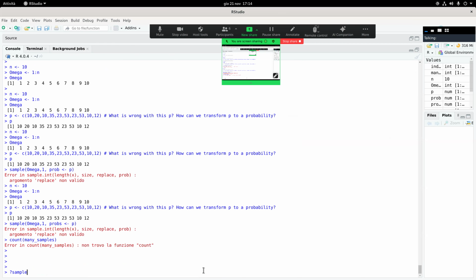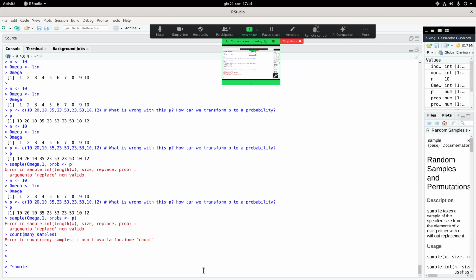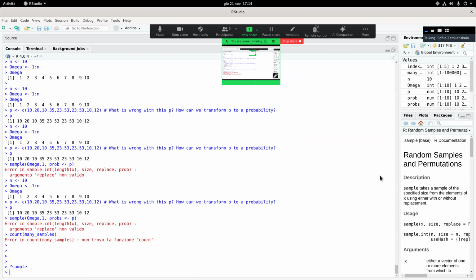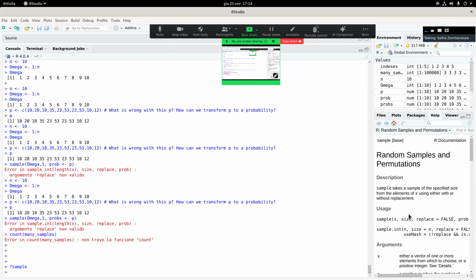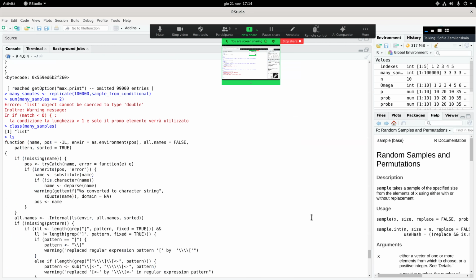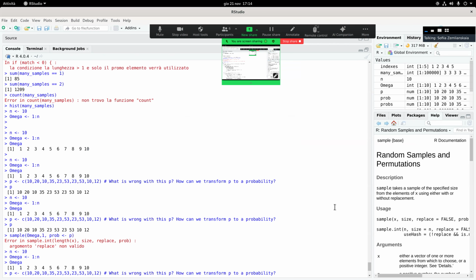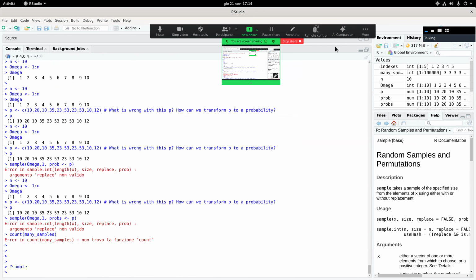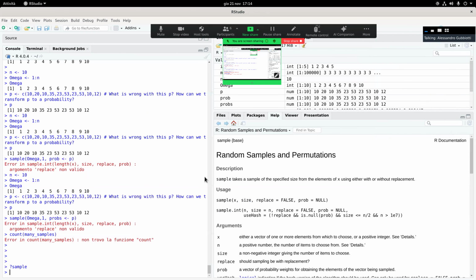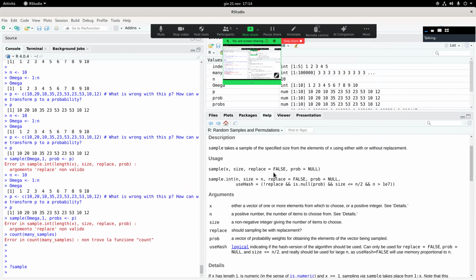Is anybody there? Maybe the problem is that the probability should be less than 1, and we need to divide each number by 100. Yes, exactly. Not less than 1, but exactly 1.